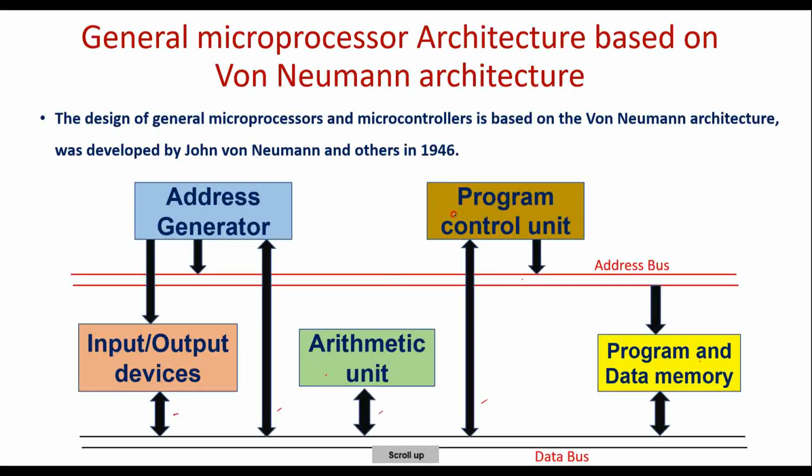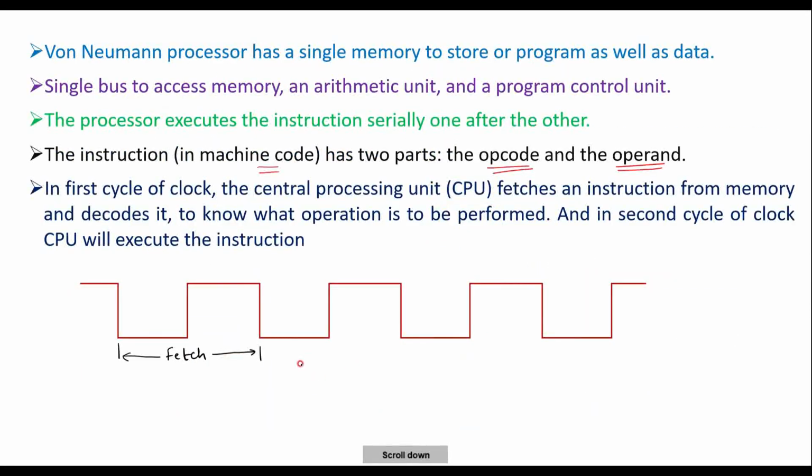After fetching the instruction from the memory, the program control unit will decode it and perform a particular operation. To perform the operation, we need the data. The data is known as operand. And in the second cycle, it will execute the instruction. That is, here I can write execution. Thus, in von Neumann architecture, in the first cycle it will fetch the instruction, and in the second cycle it will execute the instruction.